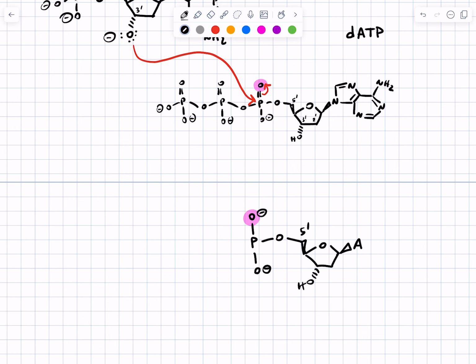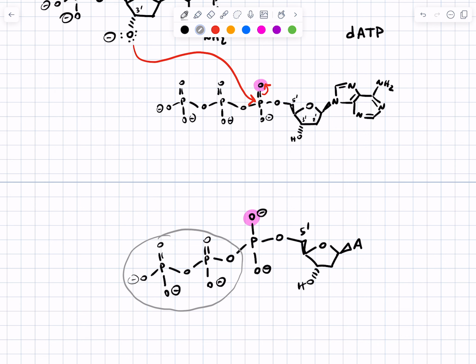All right, and then the next thing is this negatively charged oxygen here. The next thing after that is these 2 phosphorus groups that are linked to each other. So we'll just draw that here. These 2 phosphate groups linked to each other through a phosphoanhydride bond are basically considered pyrophosphate.